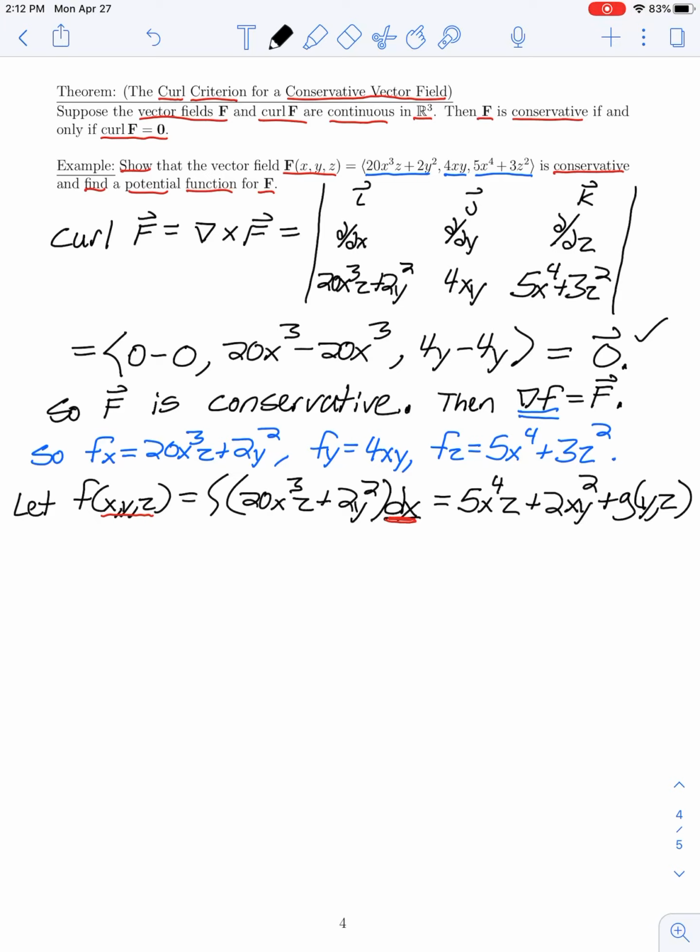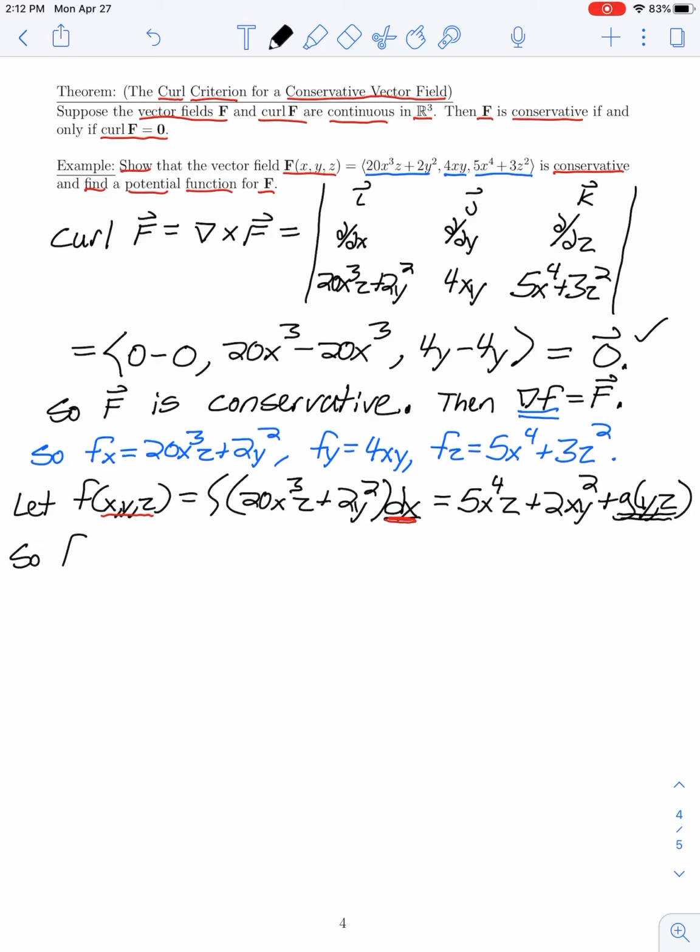This is similar to what we saw in section 6.3 when we were finding a potential function for a conservative vector field in 2 dimensions. But now, since our potential function depends on x, y, and z, this constant function g depends on y and z. In order to find that constant function g, we can make use of what we know about the other partial derivatives of this function.